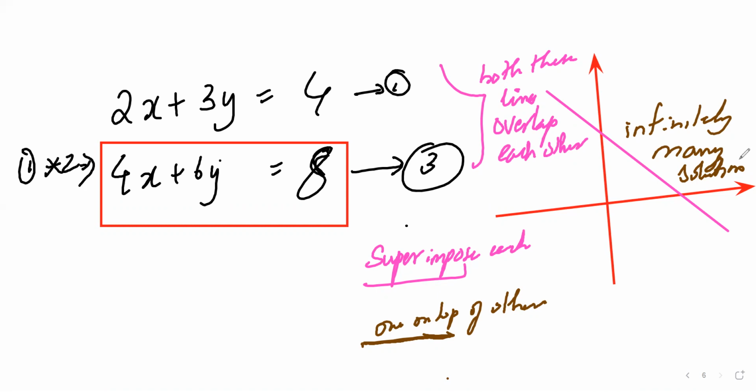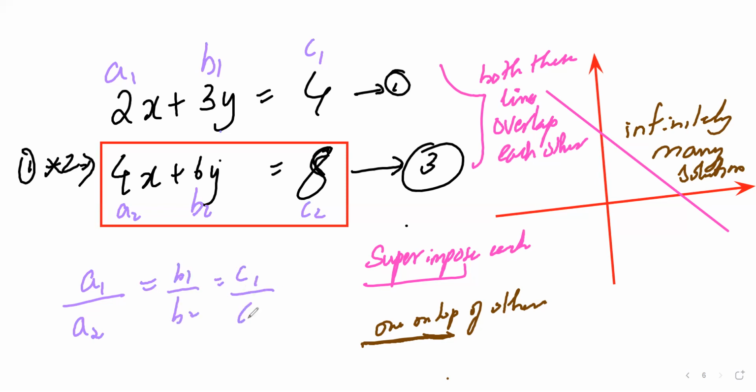So if I want to take it in variable form here, I'll take this as A1, this is my B1, and this is my C1. This is my A2, this is my B2, this is my C2. So A1 by A2 is equal to B1 by B2 equal to C1 by C2.